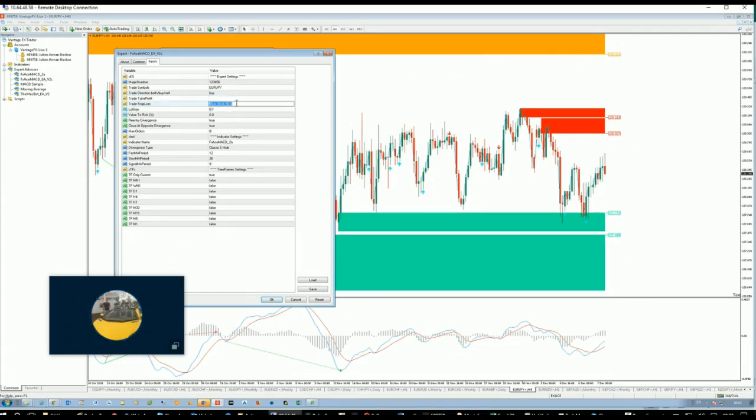And then stop loss is 120 pips. Everything else true. Time frames, current time is false. And then enable it on daily, 4 hour, 1 hour, all true.